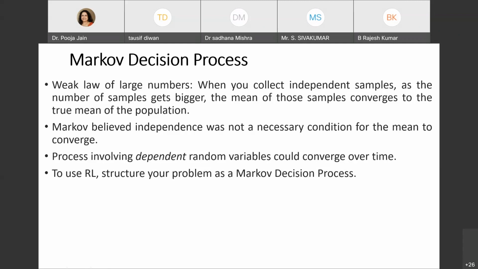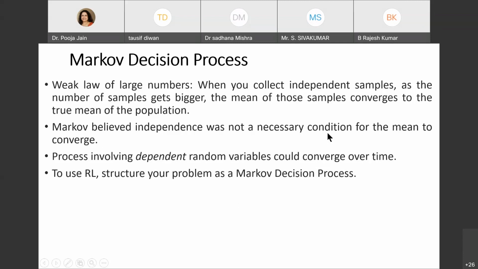It may be possible that the samples depend on each other. If you take any sequence modeling in which the first decision is dependent on the previous decision, the third decision is based on the previous two decisions, and so on, that is a consideration of dependency among the samples. Markov believed that independence was not a necessary condition.